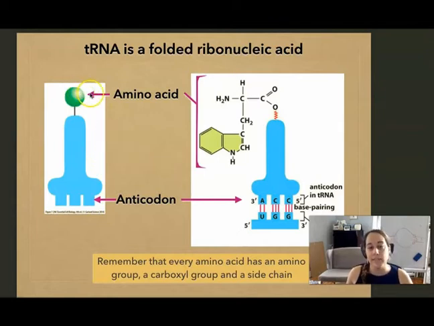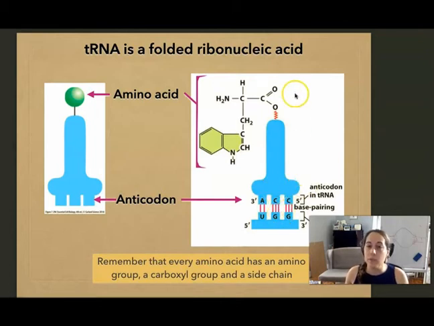We have the amino acid at the top, and we have something called an anticodon. Now, the anticodon is going to be the part that interfaces with the codon on the mRNA, and the amino acid is the amino acid. And so this is how we get the bringing together, the interface of these two information systems. This is a slightly more realistic version of a tRNA.